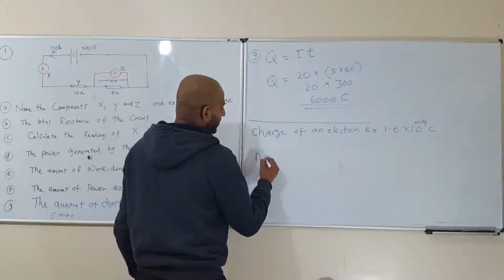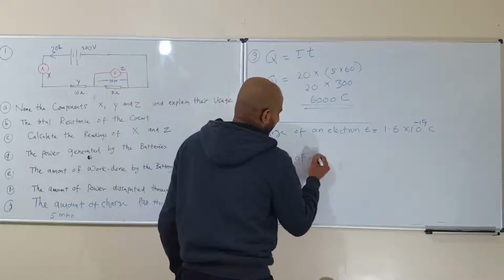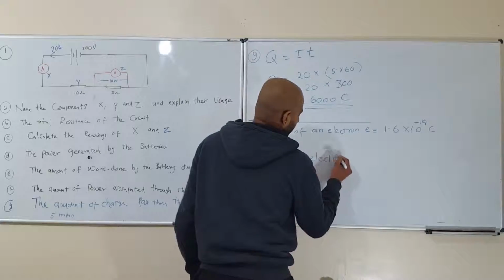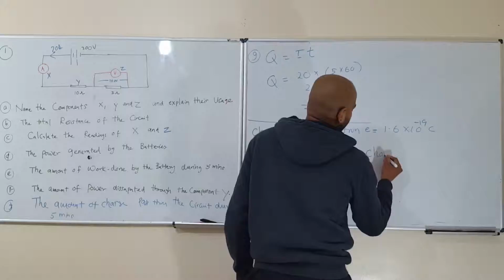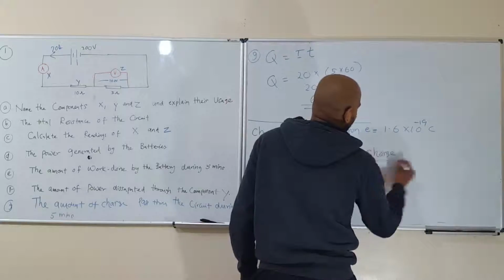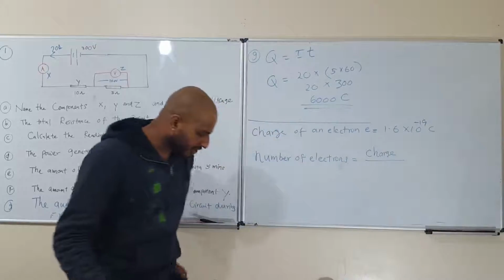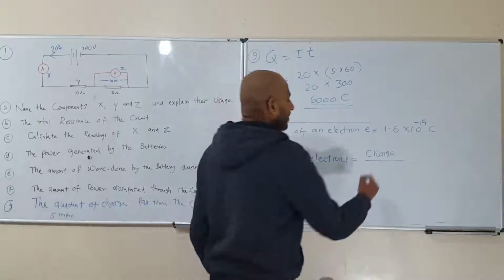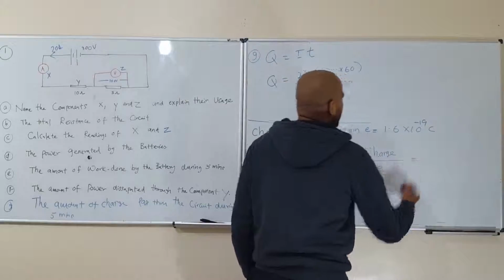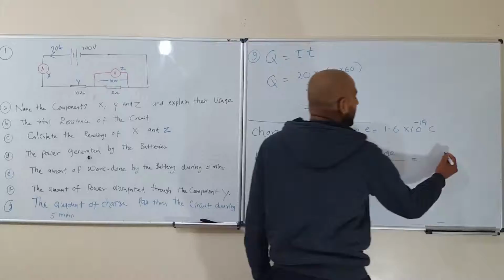So the number of electrons equals charge over the charge of an electron, which is e. Normally in physics, the charge of an electron is given as e. If you want, you can keep this as an equation: Q divided by e.